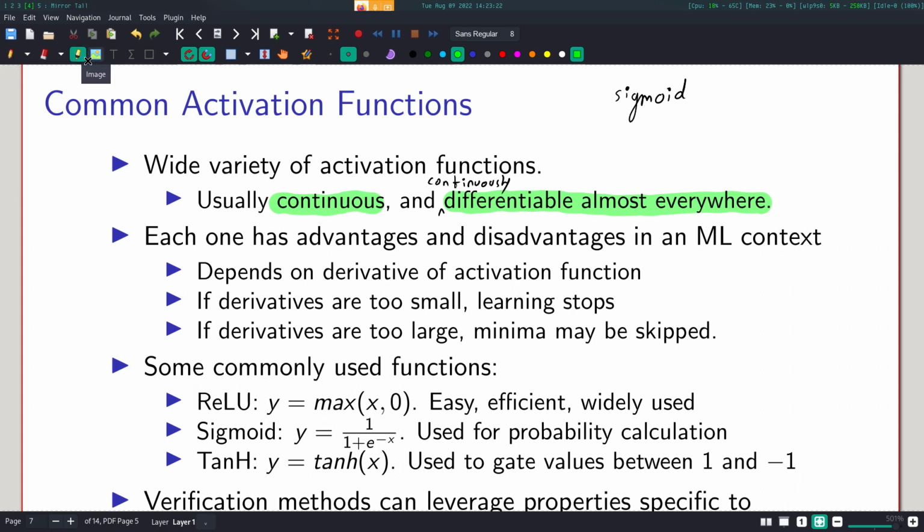So why are there so many activation functions? Because it actually allows us to control the derivative of the final loss function that we had. If you remember from last time, we had constructed this huge loss function, which is a function of our parameters, and then we were doing gradient descent on this, right?